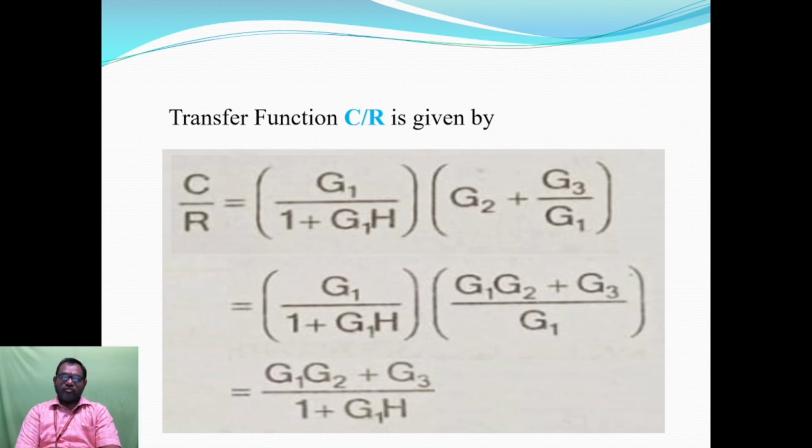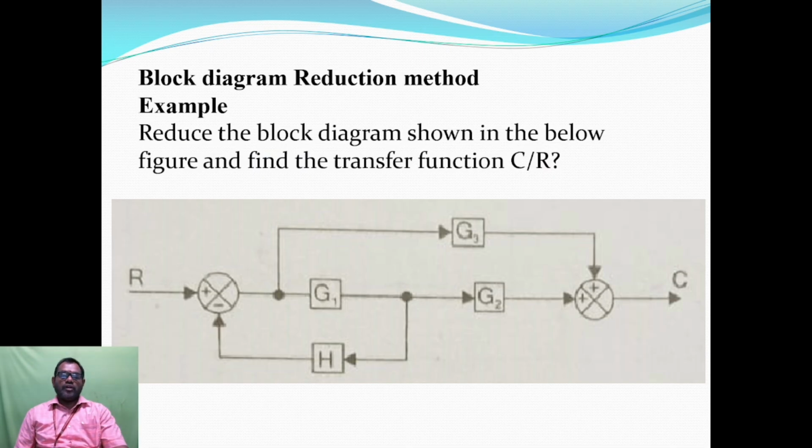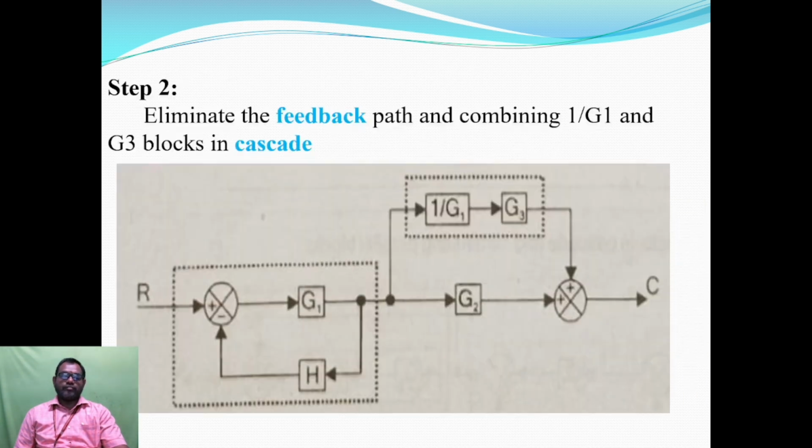The result is G1 G2 plus G3 divided by 1 plus G1H. So this is the overall transfer function of the system. We have completed finding the transfer function for this diagram.